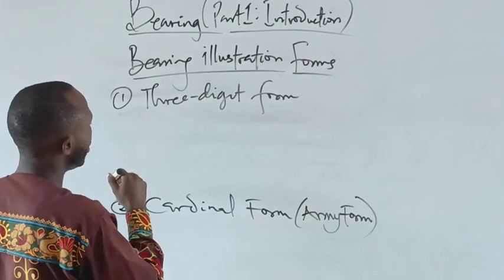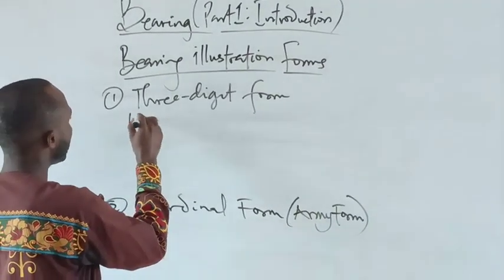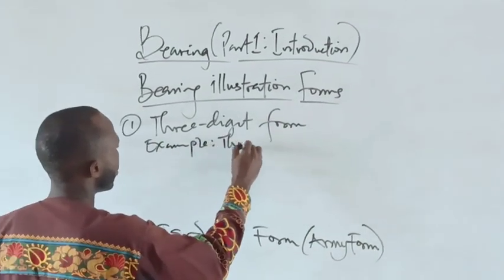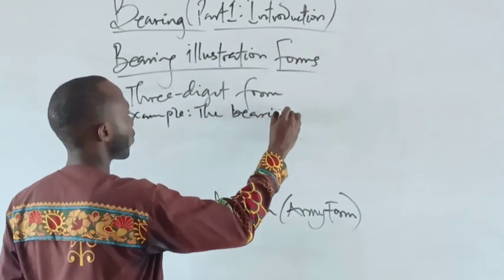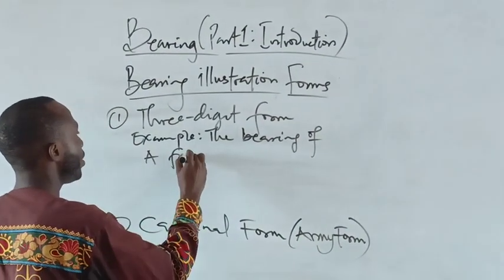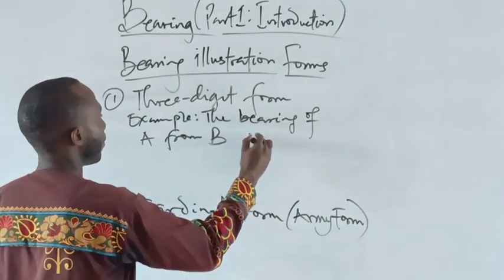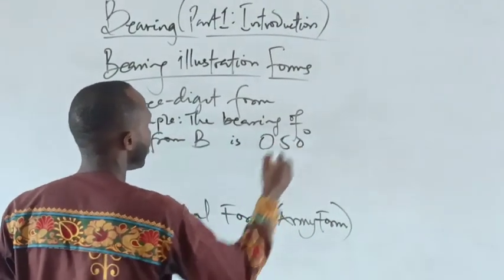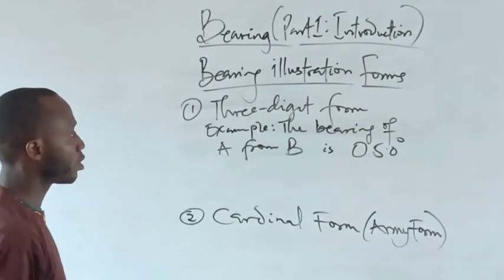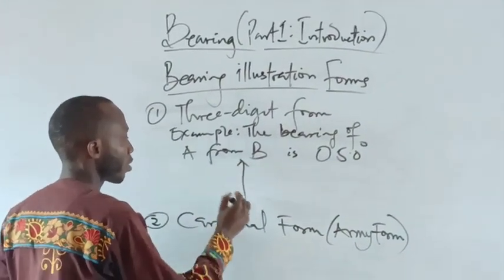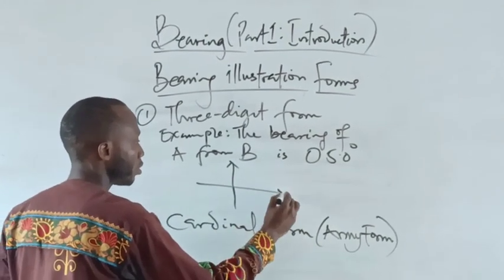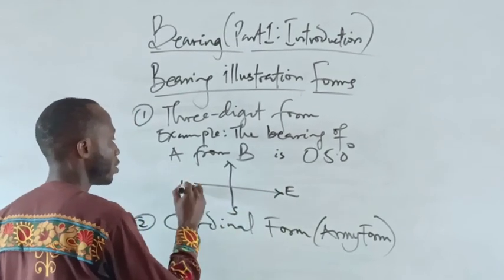For example, a bearing of A from B is 050 degrees. Okay, 050 degrees. What does it mean? It means from the North Pole, over is east, is south, is west.